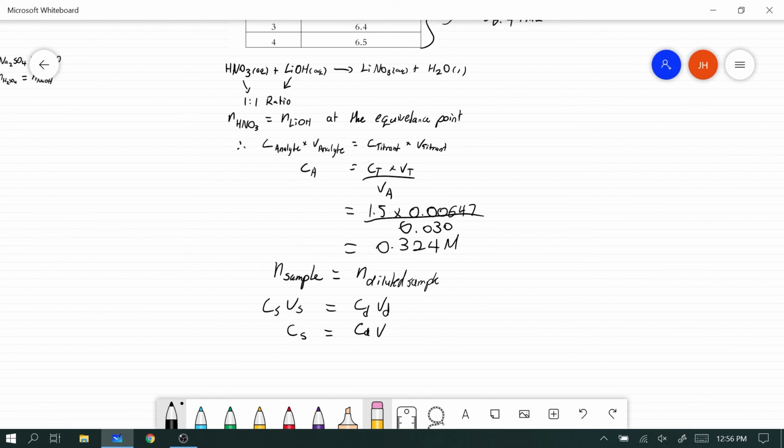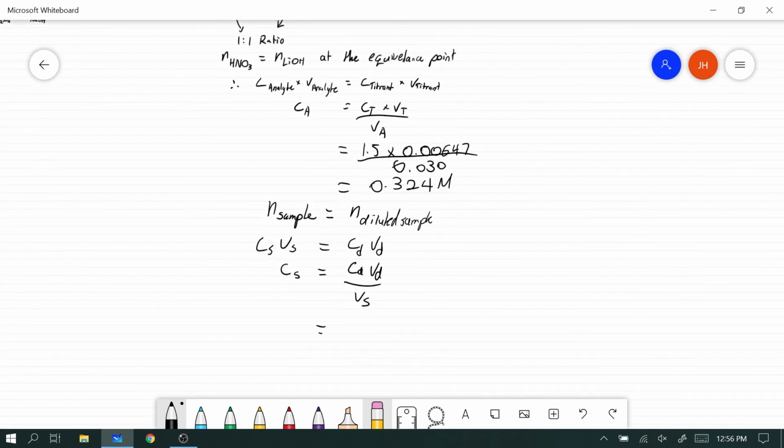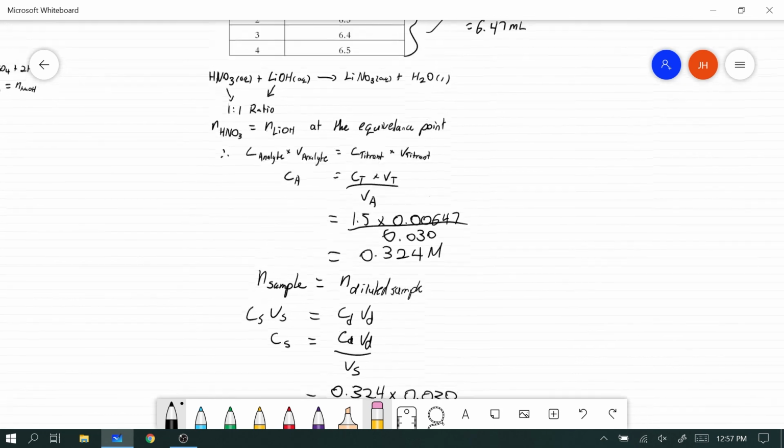So CD VD over VS. We know that the concentration of the diluted sample is what we've calculated already, 0.324 times the volume of the diluted solution, which is 30 mils, divided by the volume of the original sample, which is 5 mils. Putting that into our calculator, the concentration of the nitric acid sample is 1.94 moles per litre.